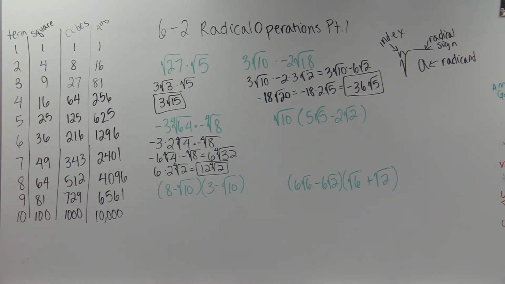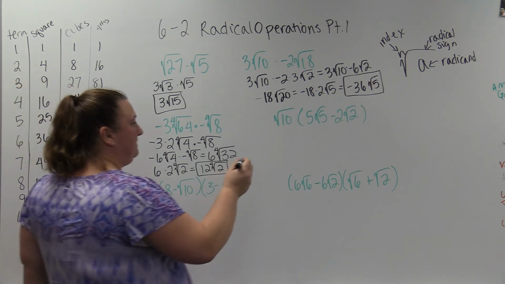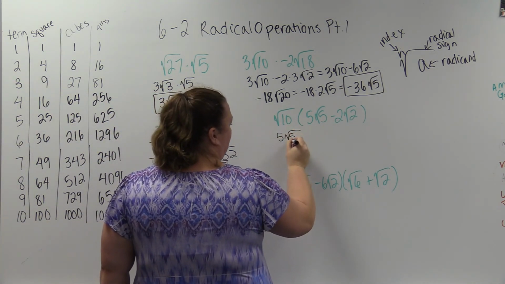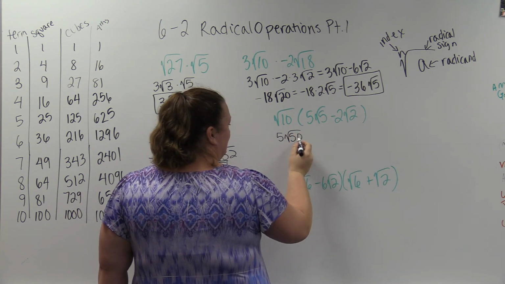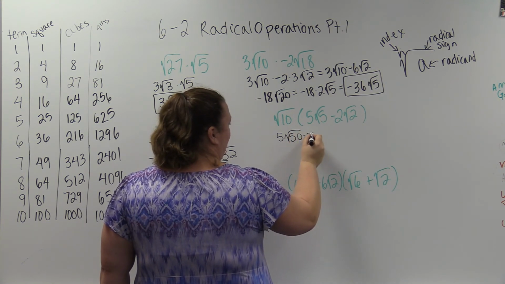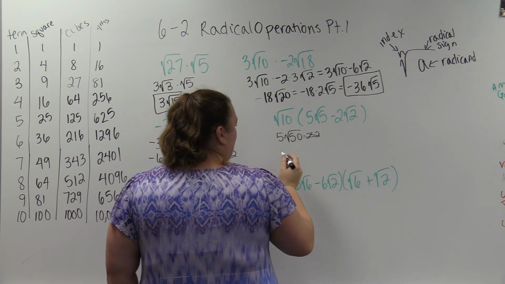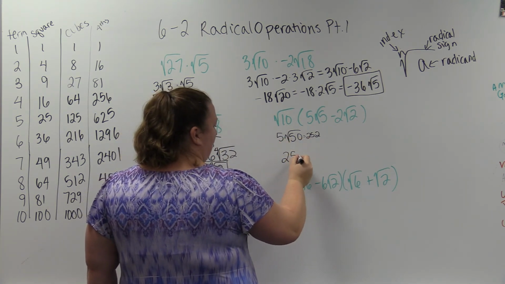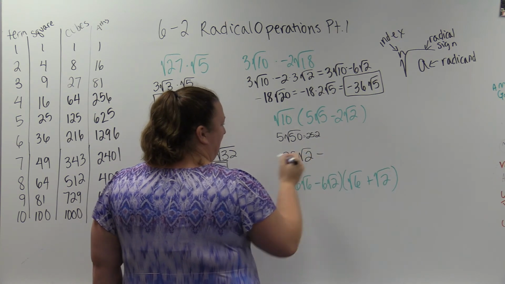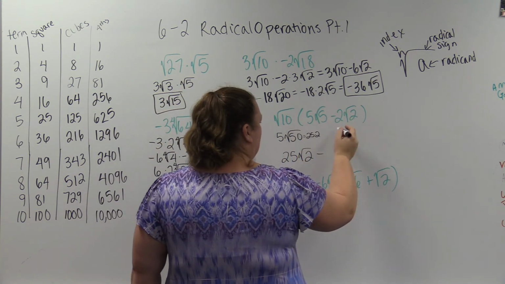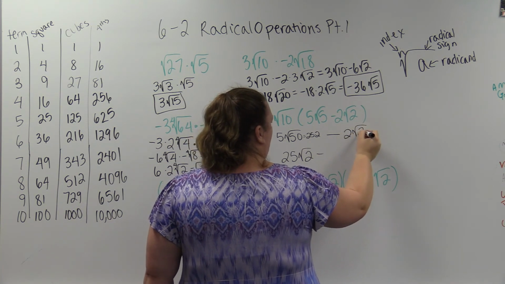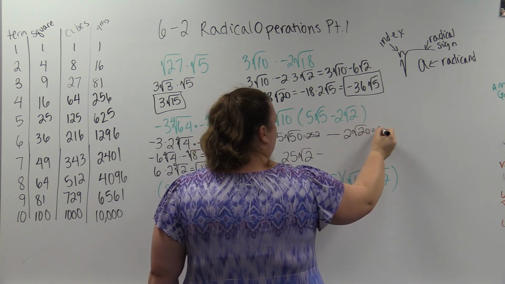Now we're going to distribute. So this becomes 5 square roots of 50. 50 is 25 times 2. So square root of 25 is 5, times 5 is 25. Square roots of 2 minus, and this becomes 2 square roots of 20. 20 is 5 times 4.